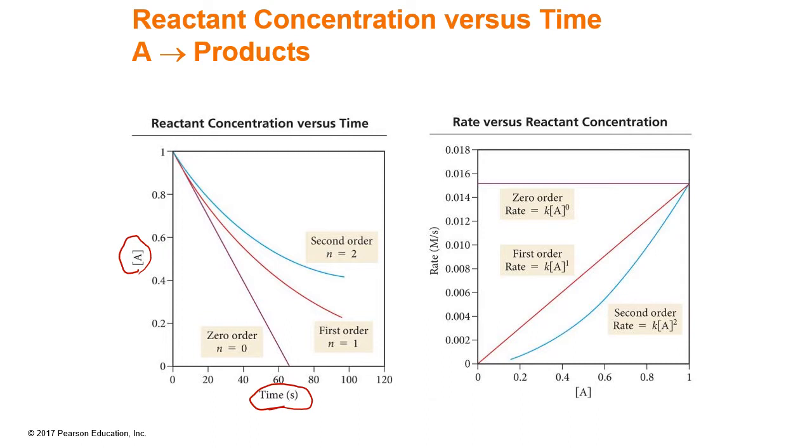If we look at the rate of the reaction versus our concentration, a zero order gives us a horizontal line. The rate does not depend on the concentration of our reactants. The first order is a linear relationship with our reactant concentration, and the second order is not a linear relationship.